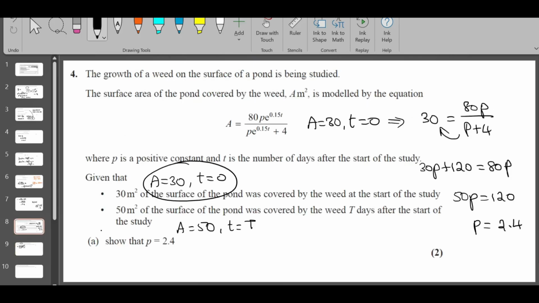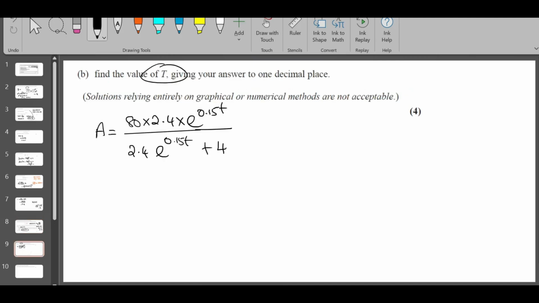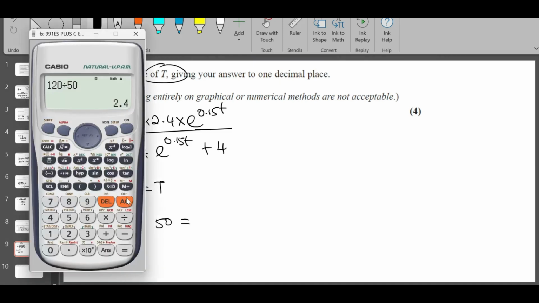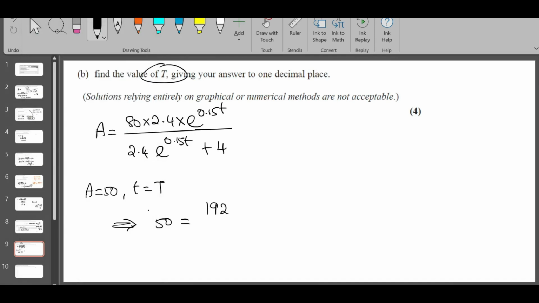Now use the second condition. A is 50 and replace small t by capital T. So A is 50, small t is equal to capital T, implies 50 is equal to 80 times 2.4, which is 192, e power 0.15 capital T, divided by 2.4 e power 0.15 capital T plus 4.